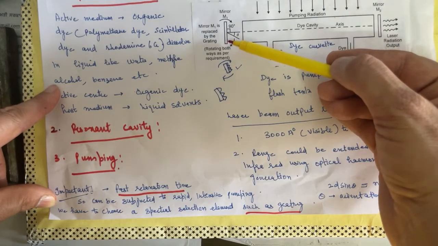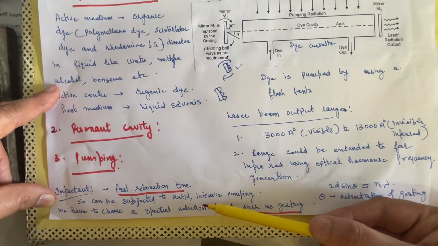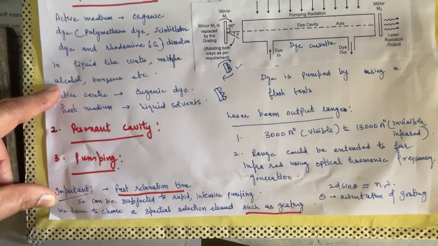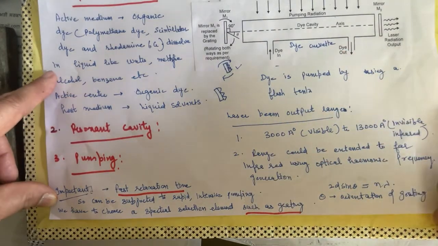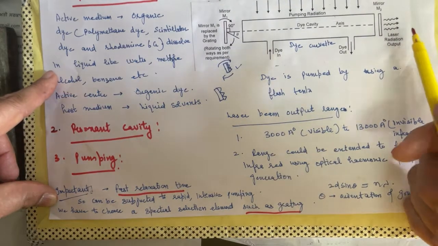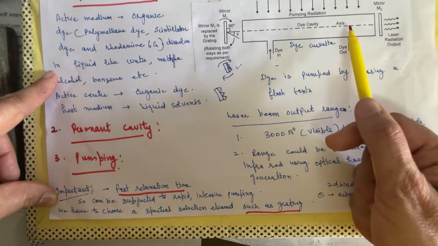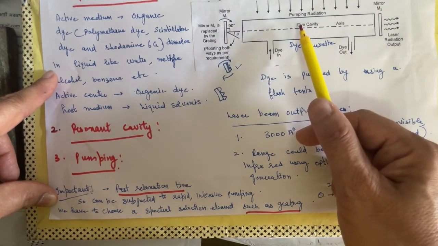Then why do we use this diffraction grating? Now the question arises. During the operation of this dye laser, a large amount of heat energy, thermal energy, is transferred to the dye solution. Here is the dye solution, inside the cavity. That creates a problem.